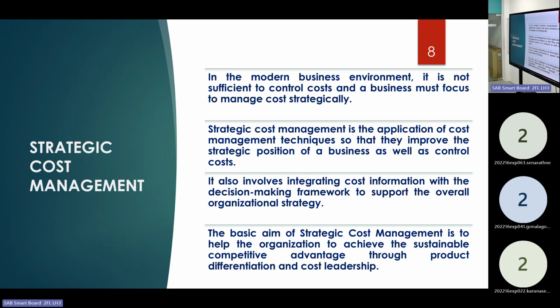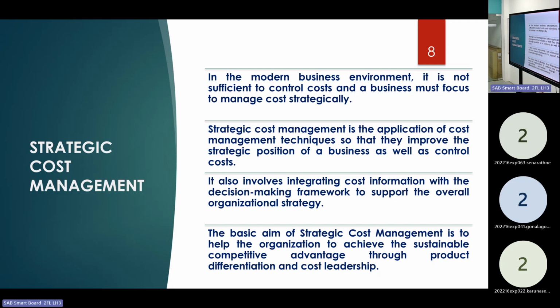Right? The traditional cost management basically takes a small part. You take the product cost, then you try to reduce the cost of that particular product, then you try to increase the profit of that particular product. Sometimes when you are increasing the profit of that product, that might adversely affect some of your other products and the organization.